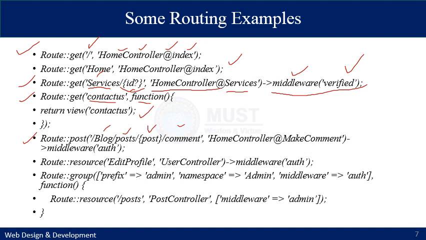That means you want to make a comment on any application or any post. So in this case you have the home controller, and you want to access the method make a comment, and in this case you have the middleware called authenticated. So that means if your user is authorized, I mean if he is logged in to your application with a valid username and password, then he will be able to make a comment.